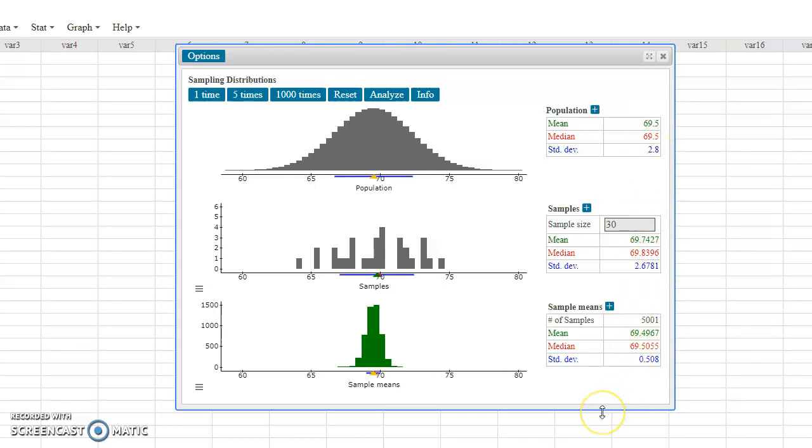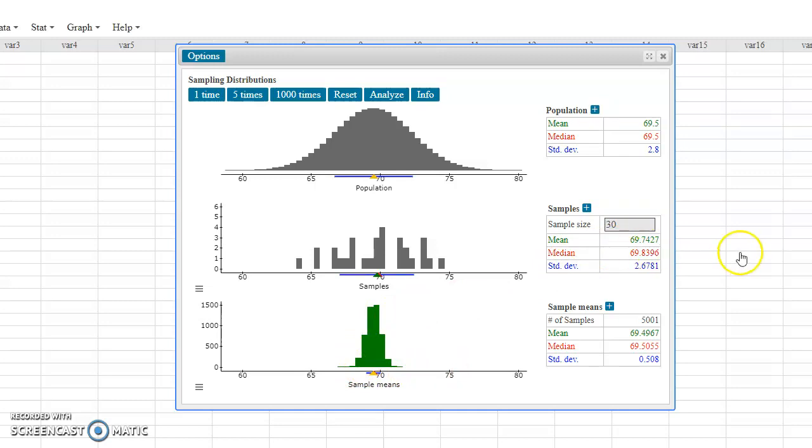The standard deviation is 0.508. That's the standard deviation of the 5,001 means. And then notice the shape. The shape looks bell-shaped to me, but it's a narrower bell than when we had a sample size of 2, much narrower.